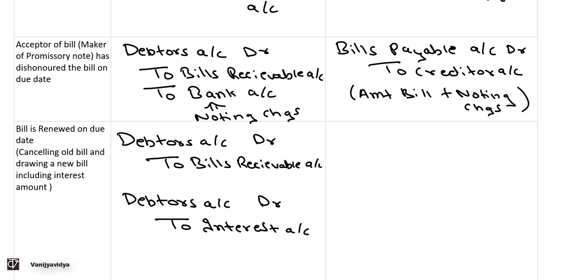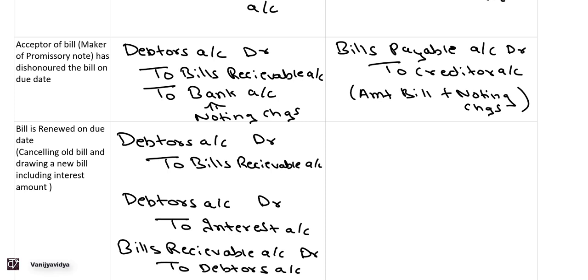Now the entry for the new bill will be similar to the drawing of the bill. So that is bills receivable account debit to debtors account. This entry for the new bill will include the amount due plus interest.